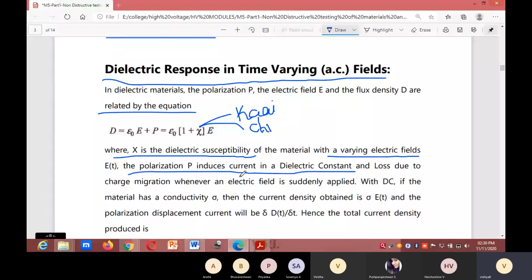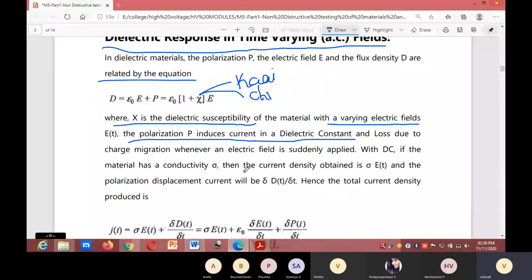The polarization P will induce the current in the dielectric, and loss occurs due to what? Due to charge migration whenever an electric field is suddenly applied.